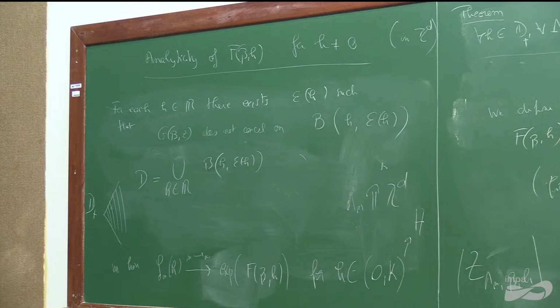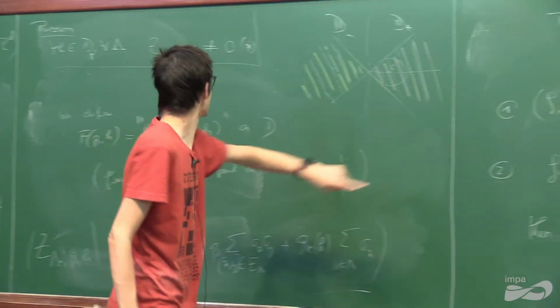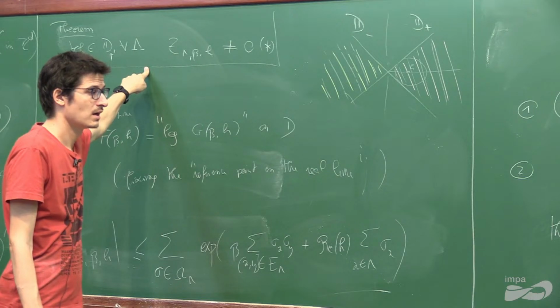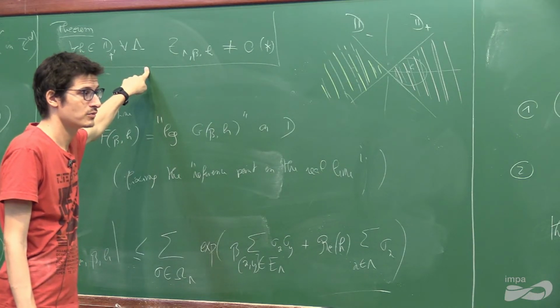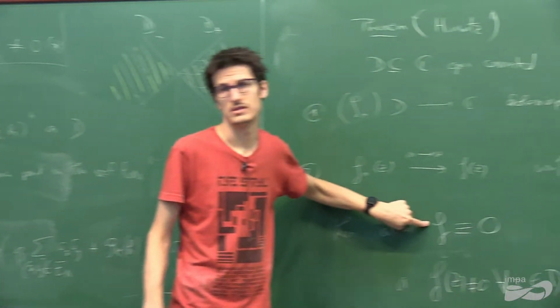And then you know, from our previous theorem, that the Fn converges uniformly on D, and therefore from this theorem, because you know that Fn doesn't cancel, you know that the limit doesn't cancel, because you know that this is not true.